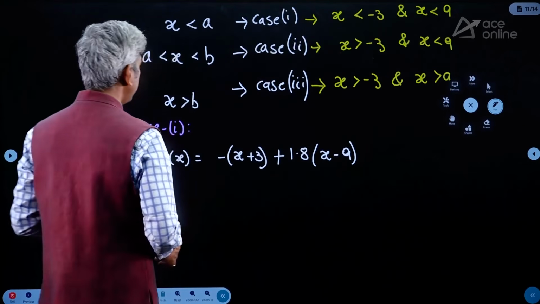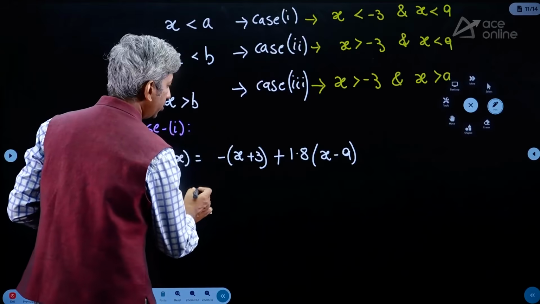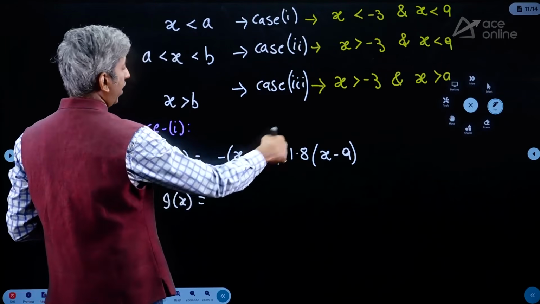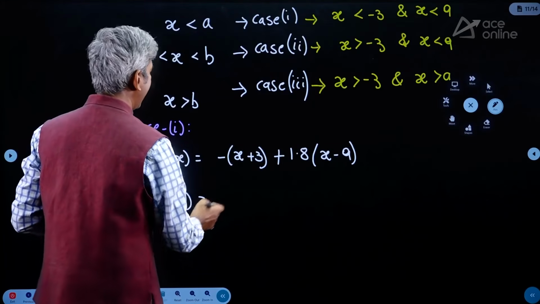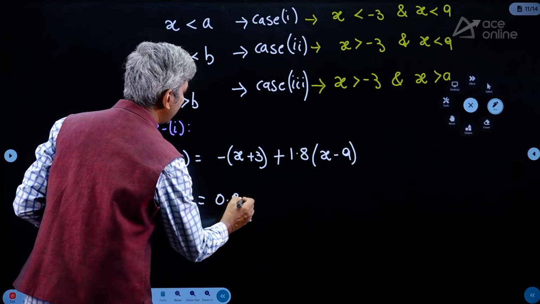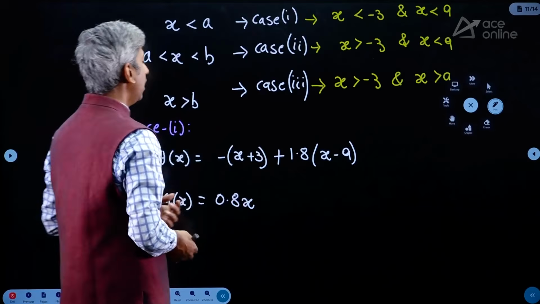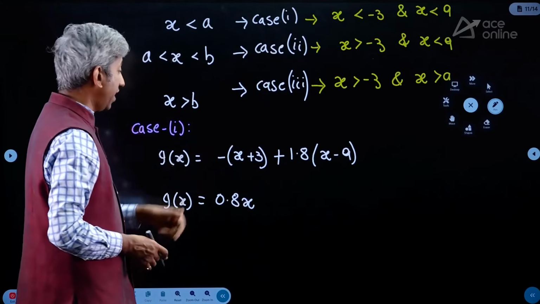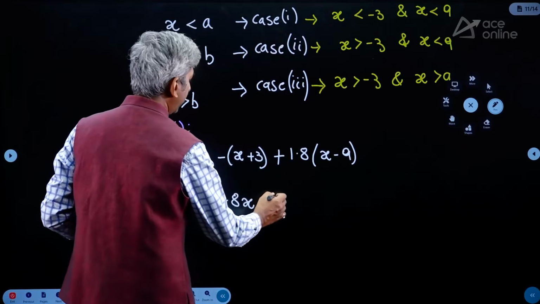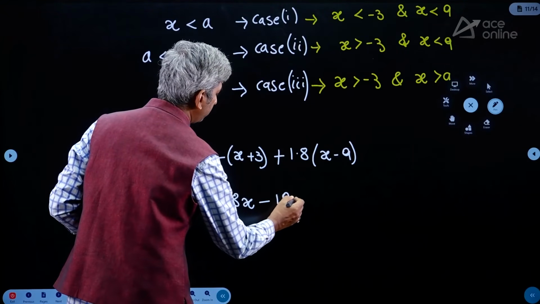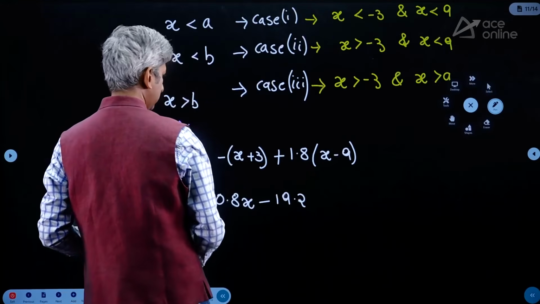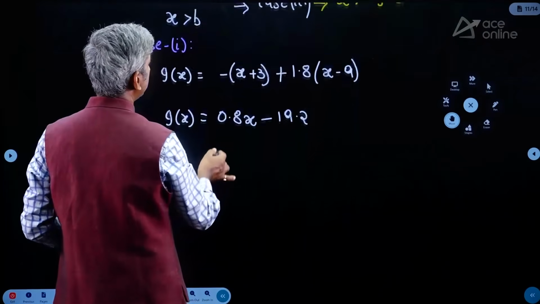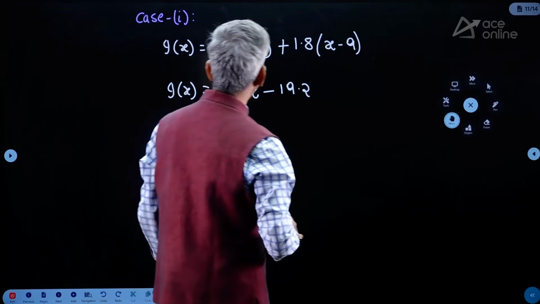Right? So, your g of x is equal to 1.8x minus x, that is 0.8x, plus minus 1.8 multiplied with 9, minus 3. This value is negative of 19.2. This would be your g of x associated with first case.